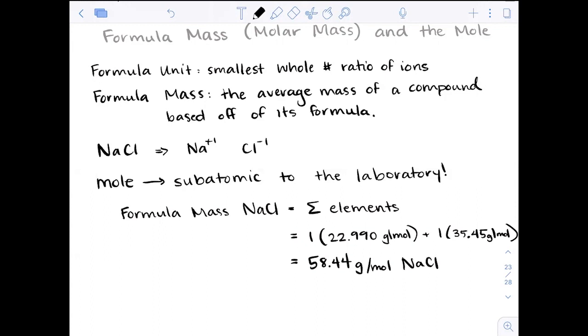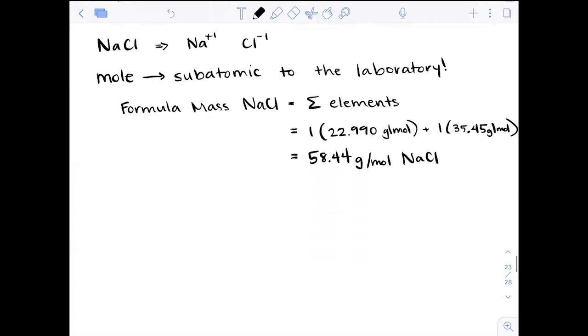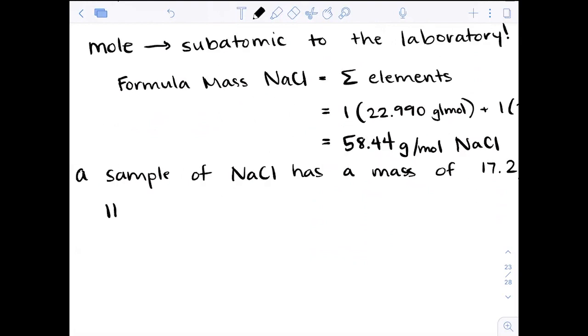Why is that helpful? Because now we can go through the mole to get to how many atoms or how many ions. For example, a sample of NaCl has a mass of 17.2 grams.